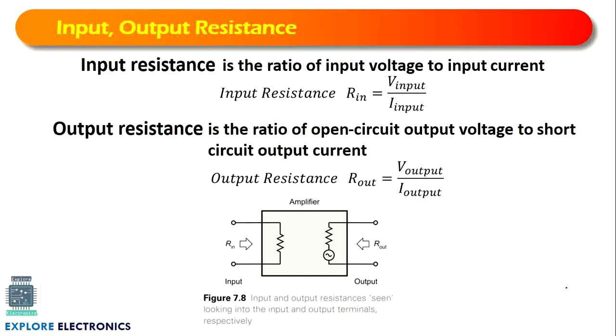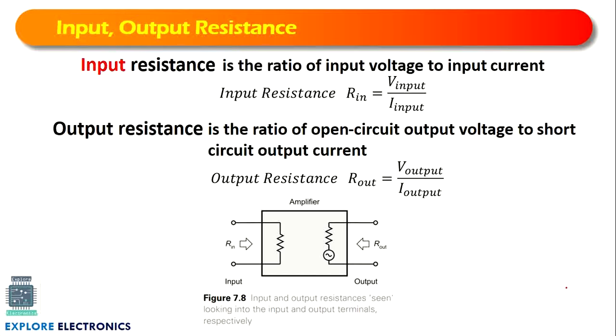Then we have another parameter we need to look at, that is input resistance and output resistance. Input resistance is the ratio of voltage at the input to the current at the input. V divided by I is the expression for R. We can use the same formula here to get the input resistance: R in is equal to V in divided by I in.